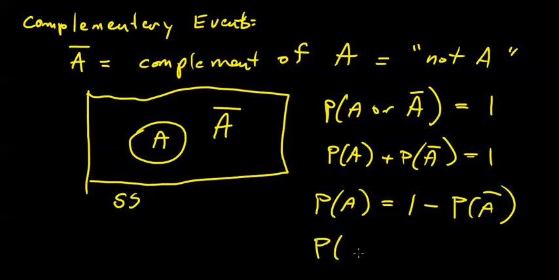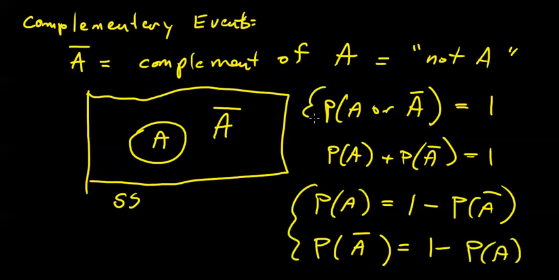So the probability of A is 1 minus the probability of not A, and the probability of not A equals 1 minus the probability of A. Okay? Alright, so those are three formulas involving complementary events.